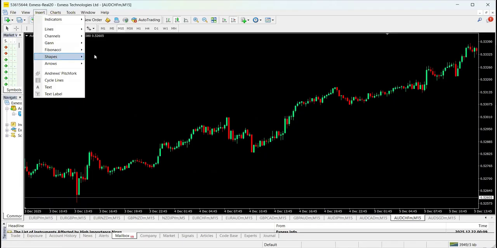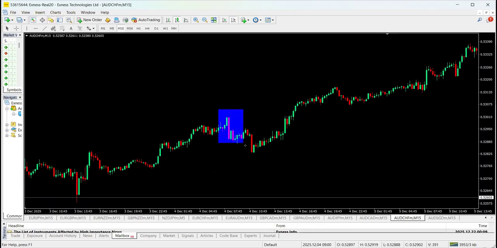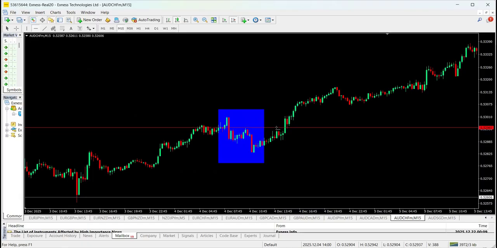Look at this structure around here. You see that the market went down, went up, went down. Okay. So you see that this is a market that is going down. However, this market came back up. Okay. And there was a change of character above here. All right. Change of character.